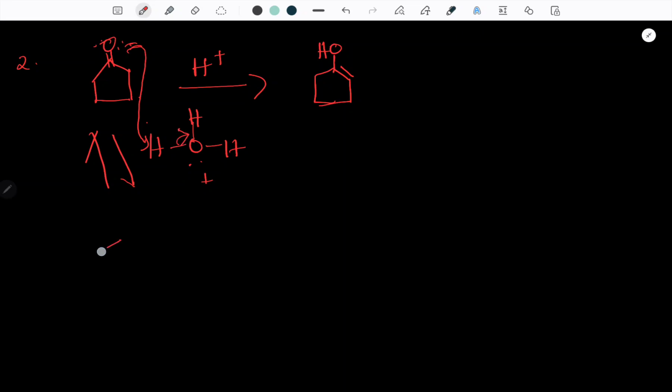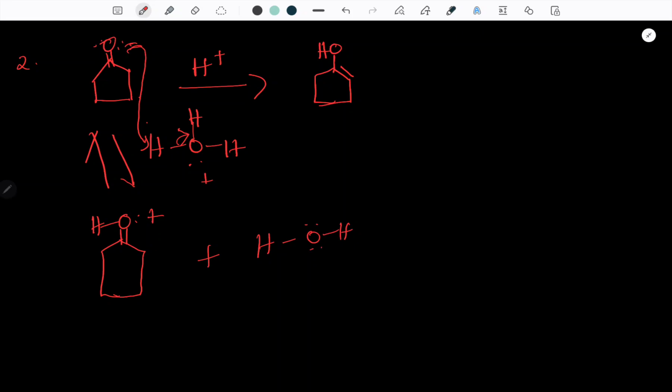So we have a compound like this, O and H. Since the oxygen here has 3 bonds, automatically it becomes positive, plus H2O. H2O is neutral.